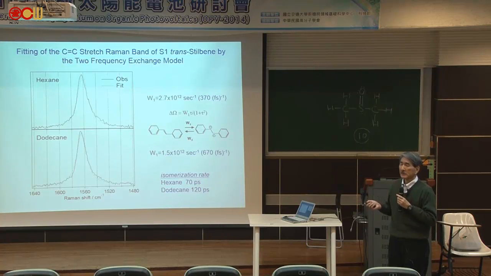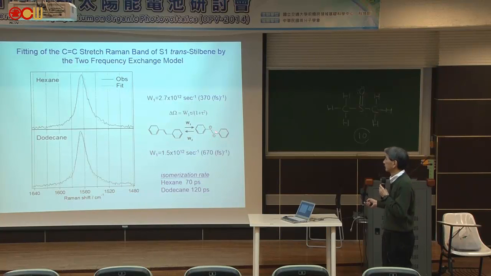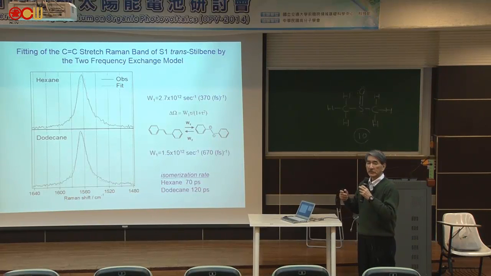So we think that this isomerization rate is related with this polarization process. And then it is reasonable to think that once the double bond is polarized into a single bond, it can rotate.